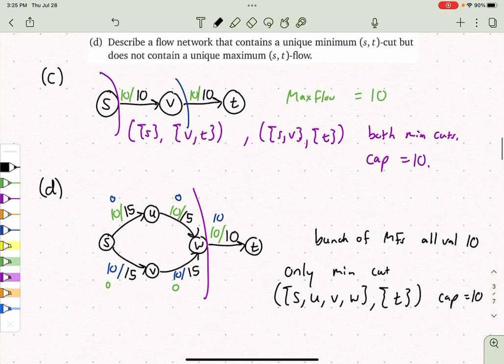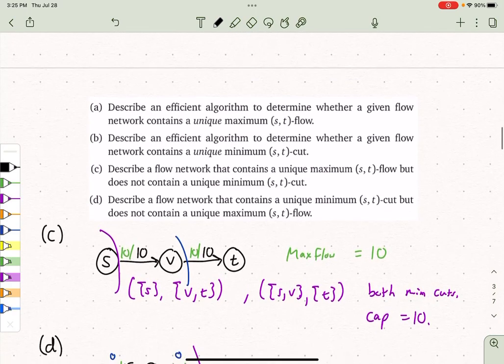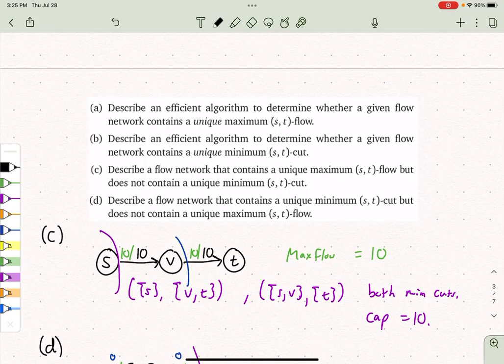So now that we have the idea of what we're being asked, let's try to come up with some algorithms for them. So the first thing we want to do is determine whether a given flow network contains a unique maximum flow. And generally, we're going to assume we're given a max flow, F star.